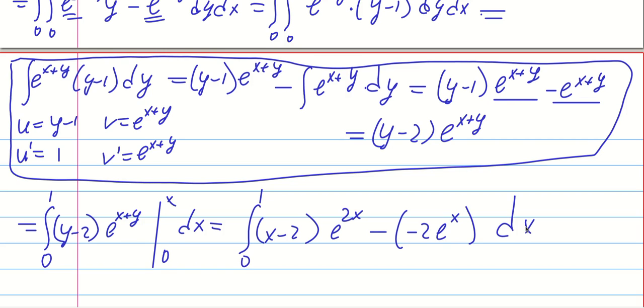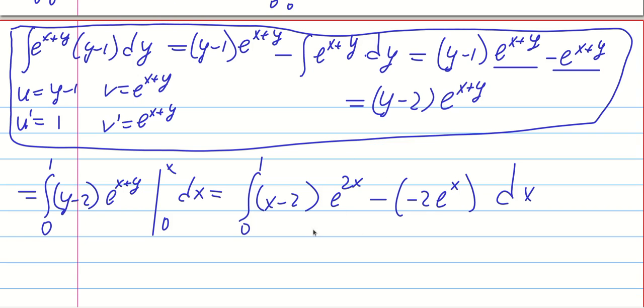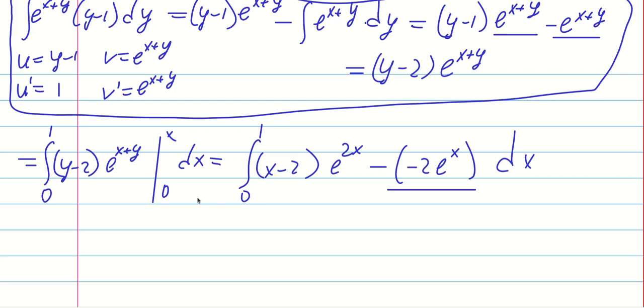All right, so we calculate this. This one is easy to calculate because it's e to the x, but here we have to use the same logic as we just used.